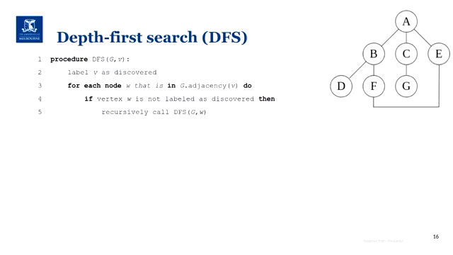It's a recursive procedure, since I'm calling DFS here. We label the first node as discovered or visited. And for each node W in V's neighborhood, so each of the adjacent nodes to V, if it hasn't been discovered yet, I call the function recursively.